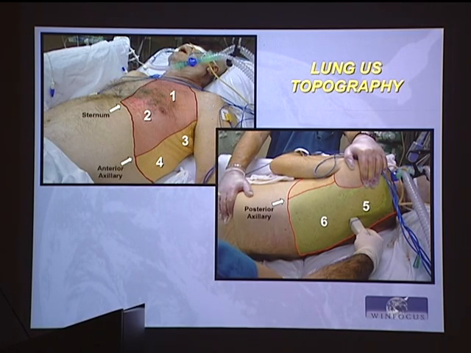A presentation of pulseless electrical activity, maybe, and I need to act on it. So just a few windows are enough for me to say no tension pneumothorax, no massive pneumothorax. I don't need 10 windows.